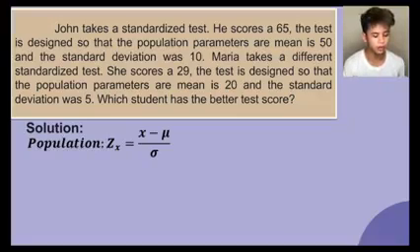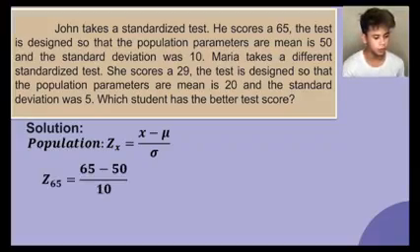Using the formula of population, Z sub x is equal to the score minus mean over standard deviation. So, Z sub 65 is equal to (65 minus 50) over 10 is equal to 1.5.